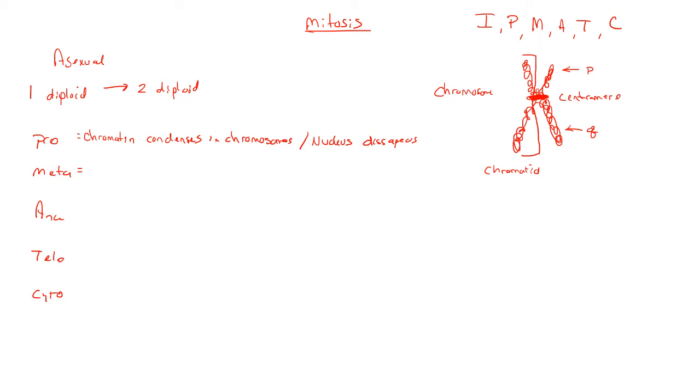So we've got metaphase. What is going to happen during metaphase? Well, those spindle fibers grow. And I guess they're kind of always growing. But what else really happens? The chromosomes align in the center.